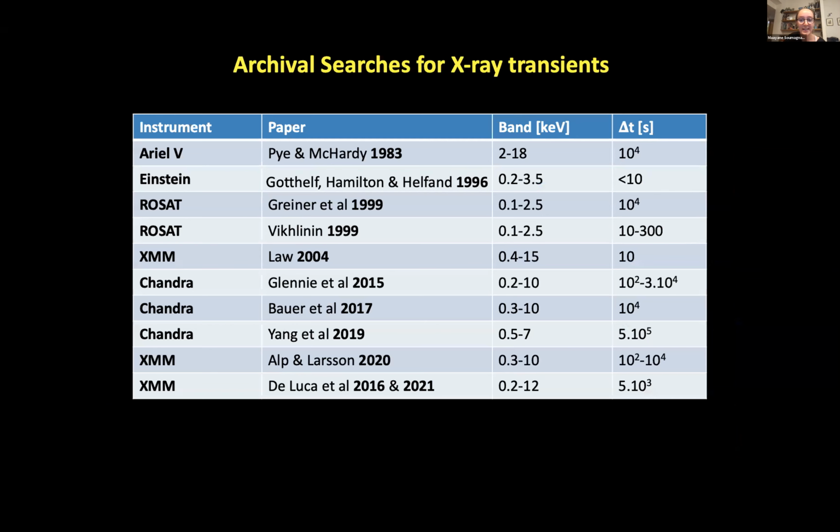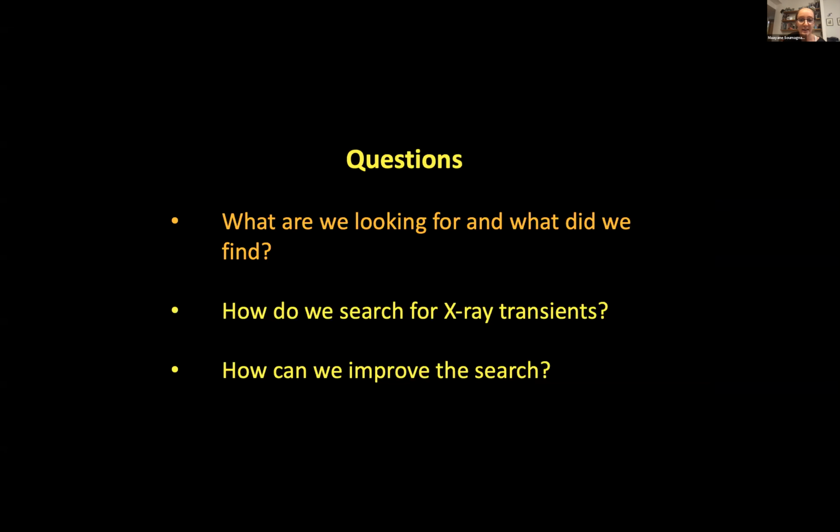So in the past decades, many searches for X-ray transients have been performed using the archival data of large X-ray telescopes. And when preparing this talk, I've compiled a list of most of these efforts, which I will get back to in a minute. And in the next slides, I will try to give some answers to the following questions. What have we learned about X-ray transients from these archival searches?